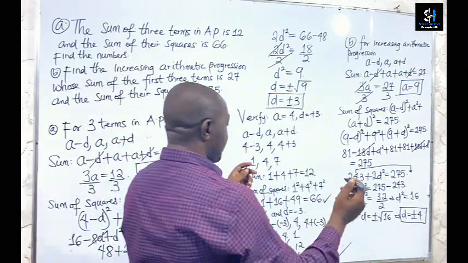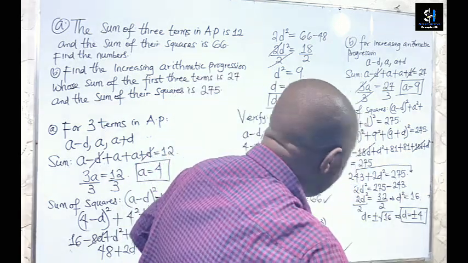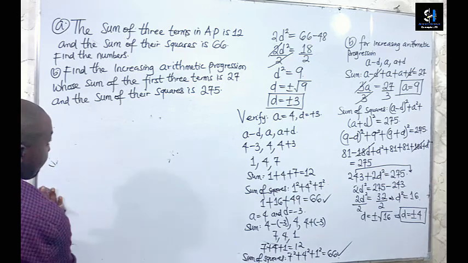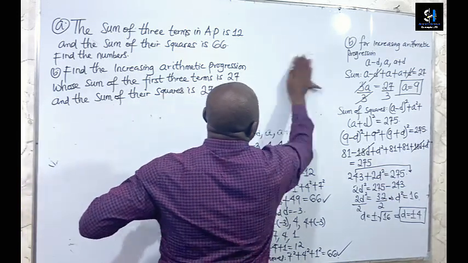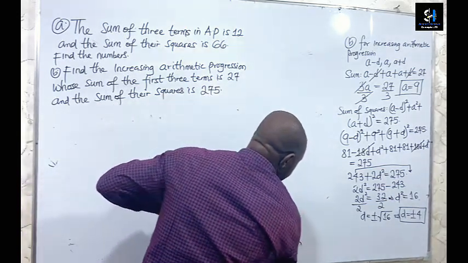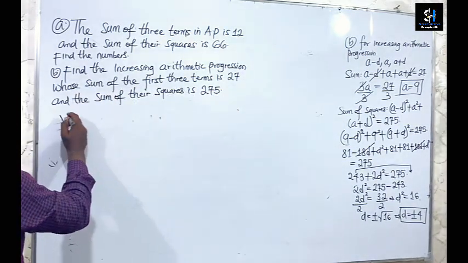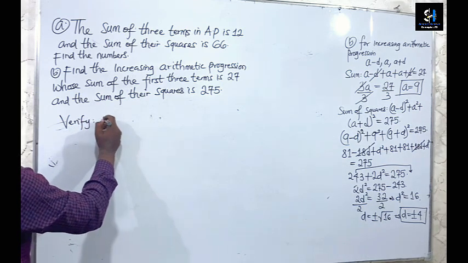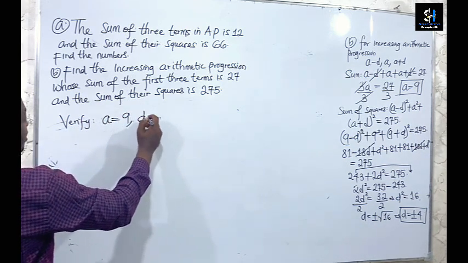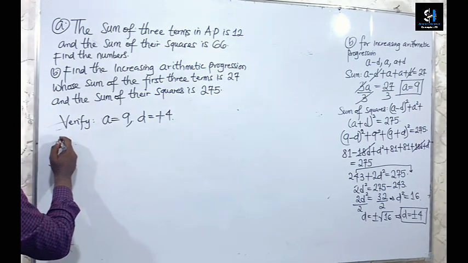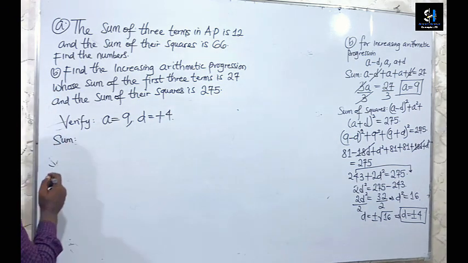So let's verify. The first term is 9 and the common difference is plus 4. So we have the sum of the 3 terms in the AP.